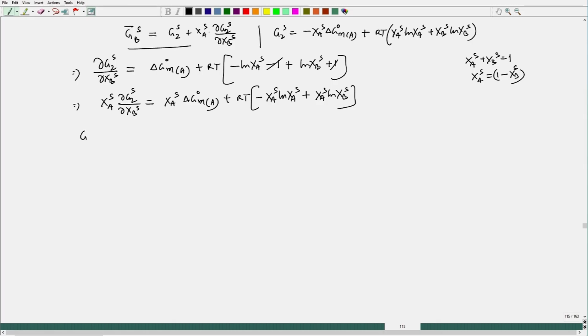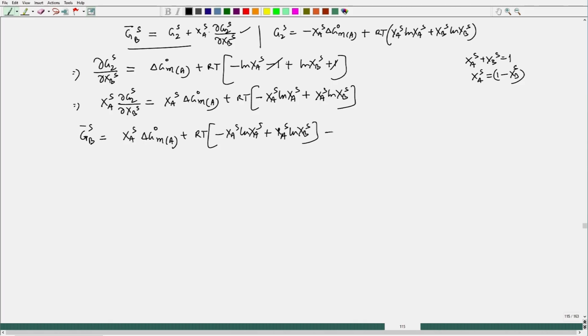And now we see, for B, it would be equal to XA solid delta G M A plus RT times minus XA solid ln XA solid plus XA solid ln XB solid.